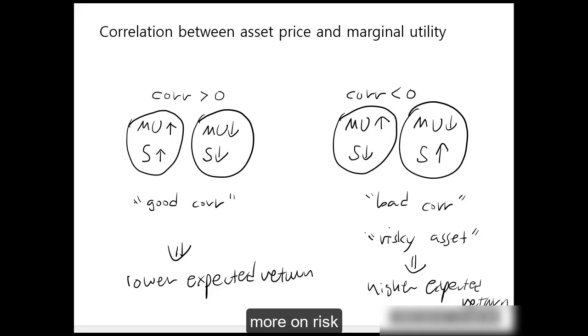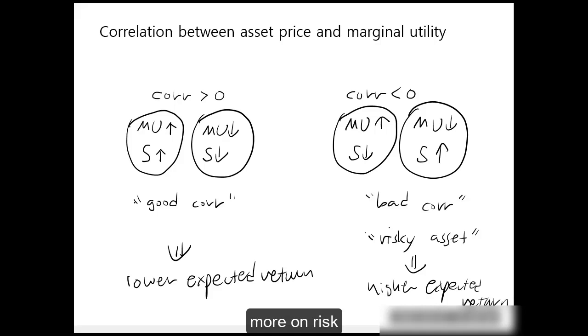When there is this positive correlation between marginal utility and asset price, we may consider this a valuable asset because it pays when you really need money. So positive correlation between marginal utility and the stock price is something good for you, which means that you appreciate having this asset even if there is no return from owning it.